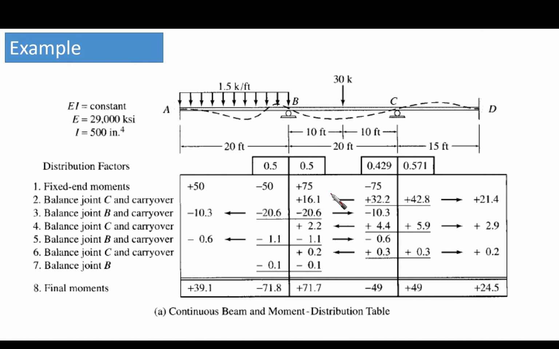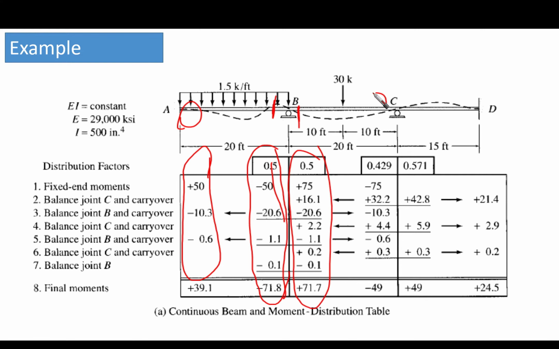For each member, we're going to have a different column for each end. So this end is going to have this column, this end is going to have this column, and this end, this column. Similar for this span, another column here and another column here.